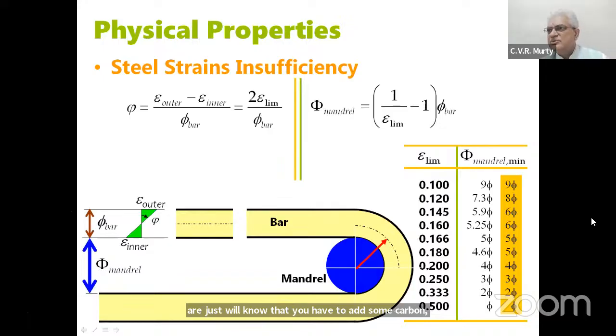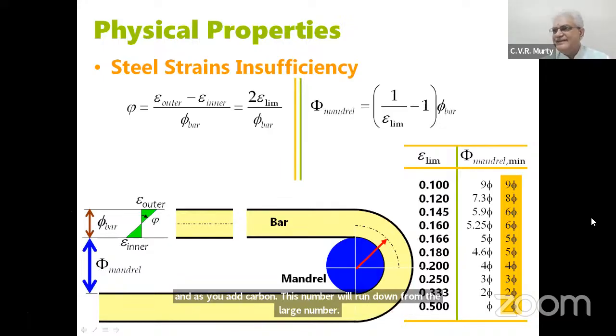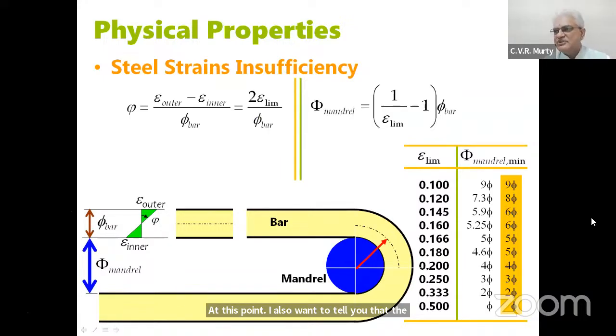At this point, I also want to tell you that the elongation is not required for structural engineering purposes, for the purposes of strength, but it is required for making bends and hooks. And so when you ask for 14.5%, your mandrel diameters, when you do the bends on the bars, are the ones that need to be appropriate.